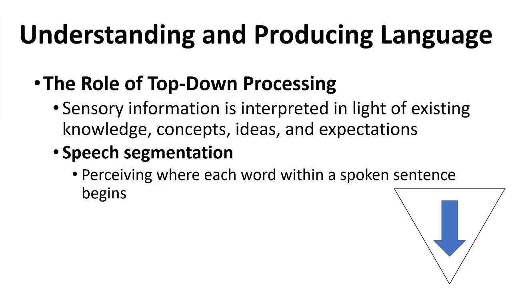So we tend to be a lot better at correctly identifying individual sounds or individual words when there's more information provided to us. So if you gave a person, say, 6 syllables and they had to identify the last syllable, they would do a lot better than if you only gave them 2 syllables and they had to identify the last syllable. So more information is better for us to figure out what's going on.